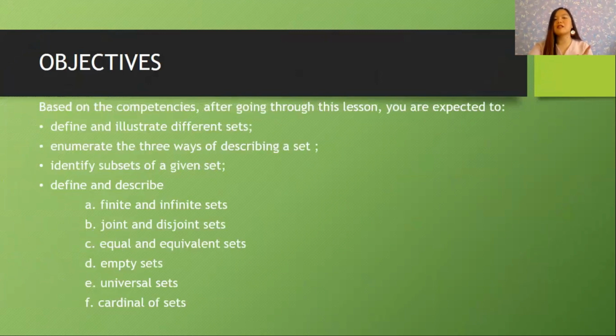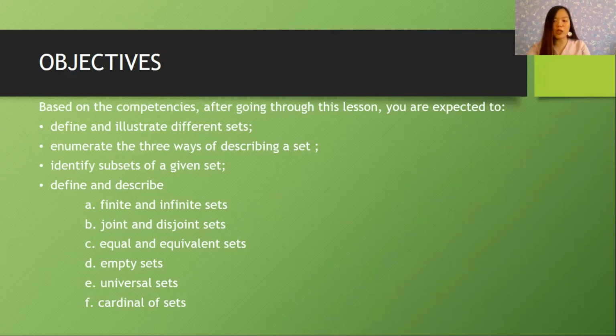Based on the competencies, after going through these lessons, you are expected to define and illustrate different sets, enumerate the 3 ways of describing a set, identify the subset of a given set, define and describe the following: finite and infinite sets, joint and disjoint sets, equal and equivalent sets, empty sets, universal sets, and the cardinality of sets, or the cardinal of sets.